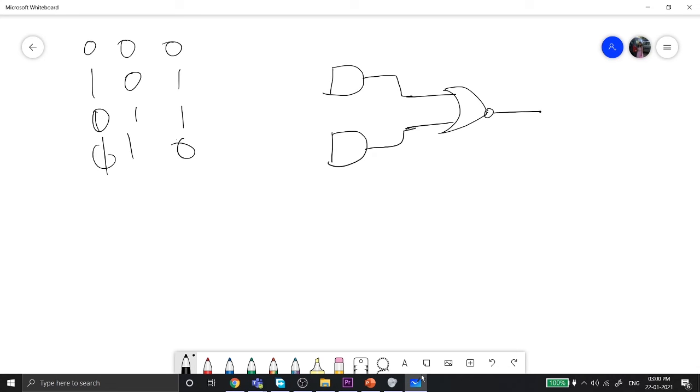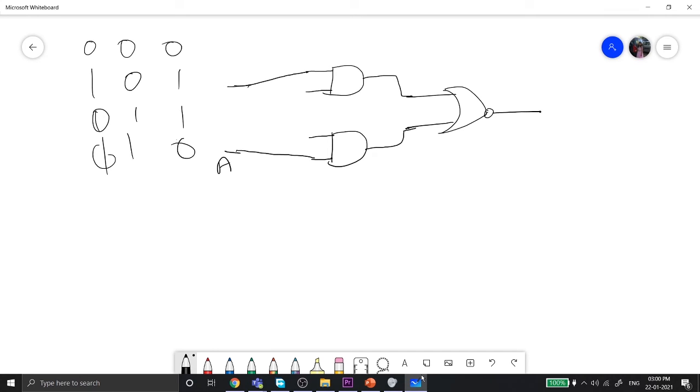And now we have 4 inputs. If we need 2 inputs here, let me connect them directly to one of the pins.